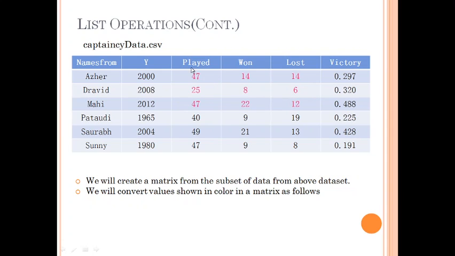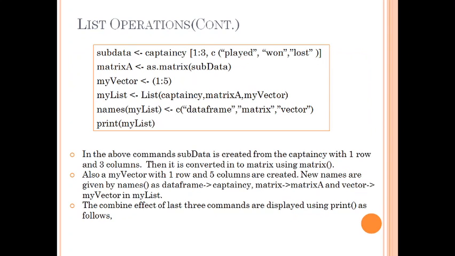It will be a 3 by 3 matrix, and then we will perform various operations on it. Here you can see we are creating that subset not by using a subset function, but simply giving this command. Yesterday also we have used this. Then we will be converting it into a matrix. We had seen this part yesterday.